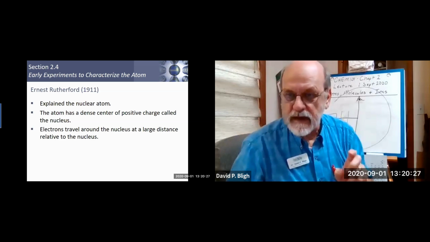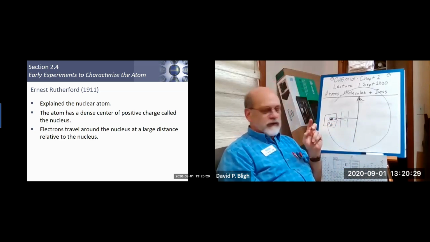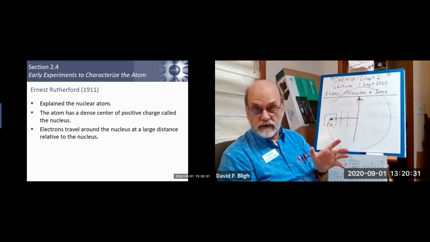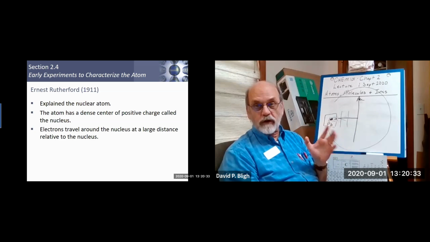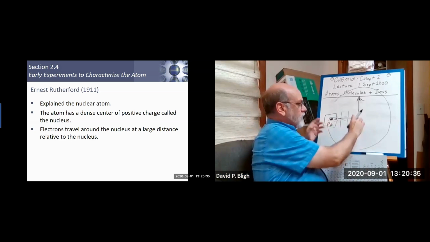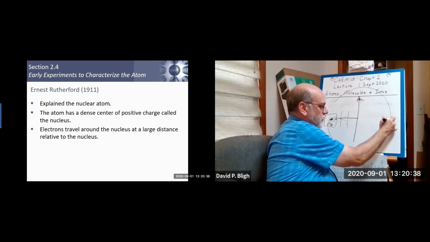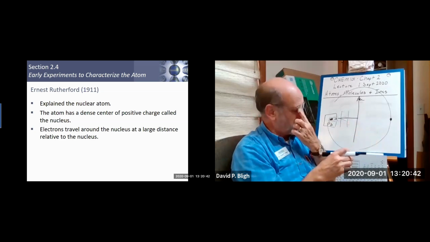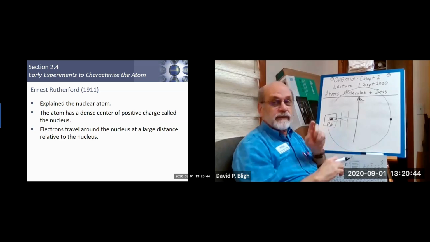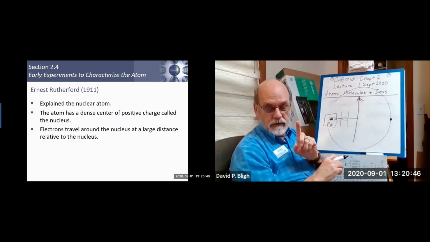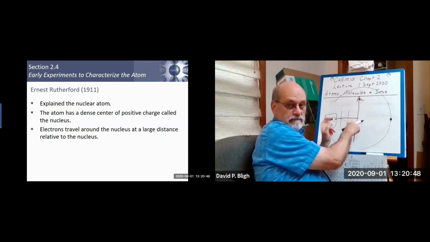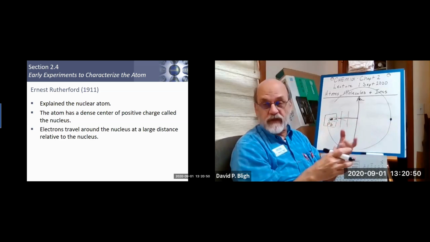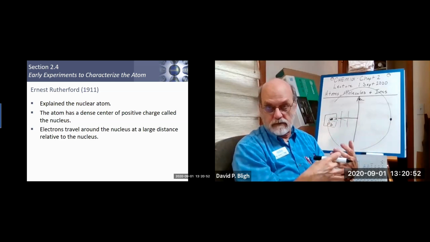And if the plum pudding model were accurate, then what you would expect is for most of the beam to end up right over here. It might spread out a little bit. But if his model was true, then you would still get most of the beam over here because most of the atom would be empty space.